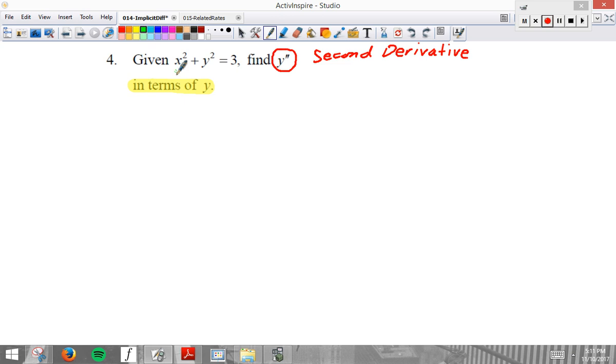Sometimes we write in terms of x and y. We're basically saying you cannot use y prime or dy/dx in the final answer.